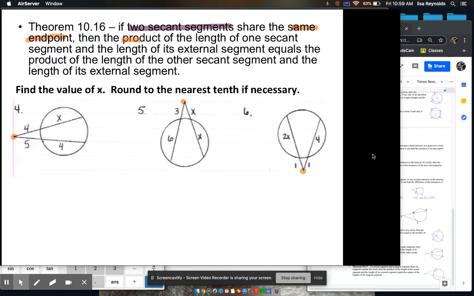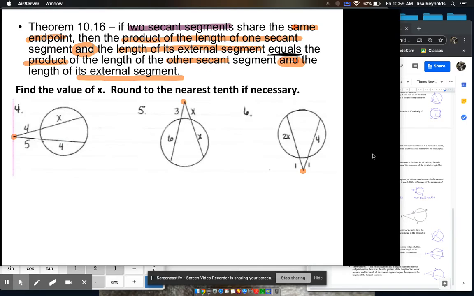We're going to be doing the product of the length of the secant segment and the length of its external segment, and this will equal the product of our other segment and its external segment.